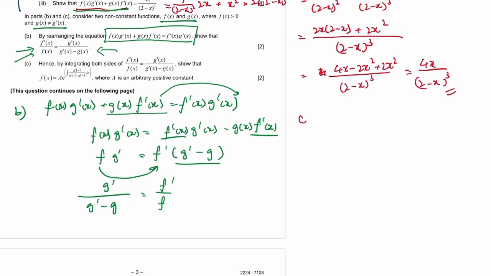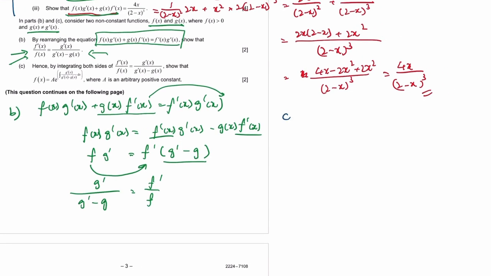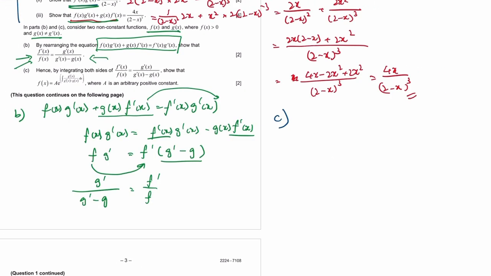Then part C is to solve the differential equation. So you integrate both sides. So you integrate f prime over f of x. You integrate the right hand side as well.